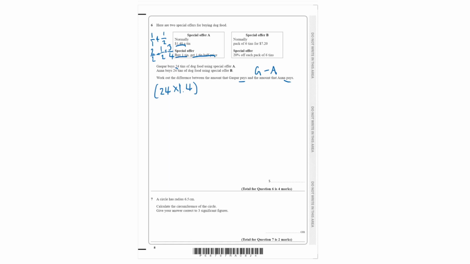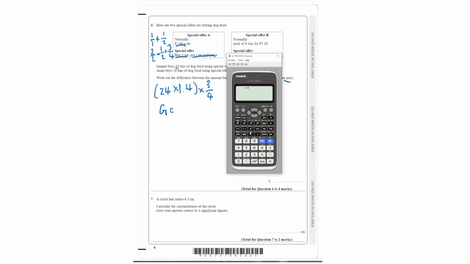So we can multiply this by 3 over 4. And we can see that Gaspar's value is given as 24 times 1.4 times 3 over 4.